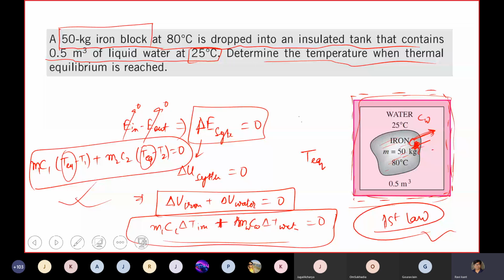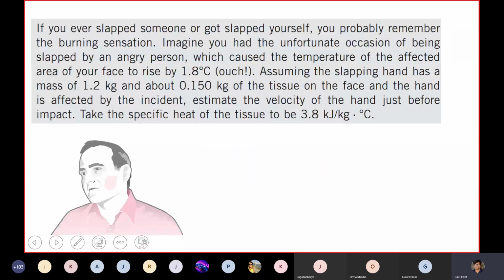This is one interesting question, just to keep you from feeling sleepy. If you have ever slapped someone or got slapped yourself, you probably remember the burning sensation. Suppose this man is having a burning sensation on his cheeks.